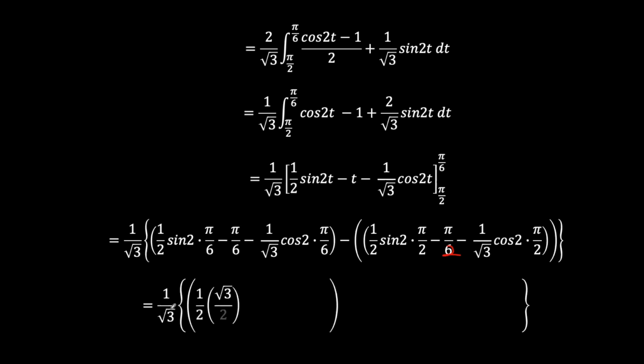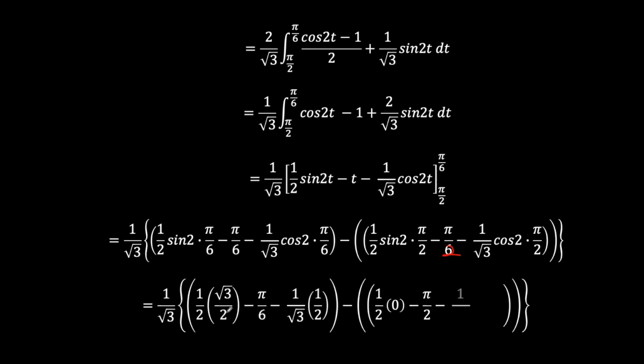So this comes 1 over root 3, and then 1 over 2 sine 2 pi over 6 is the same as root 3 over 2, since this becomes pi over 3, minus pi over 6, minus 1 over root 3. 2 times pi over 6 becomes pi over 3, cosine of pi over 3 is a half, minus 2 times pi over 2 is pi, sine of pi is 0, and then obviously this is minus pi over 2, minus 1 over root 3 cosine of 2 times pi over 2, which is cosine of pi, is negative 1.